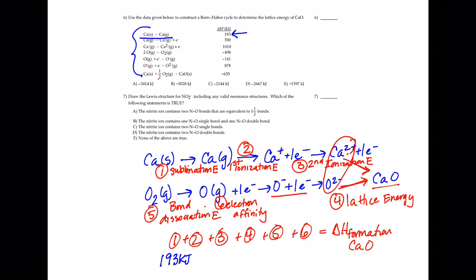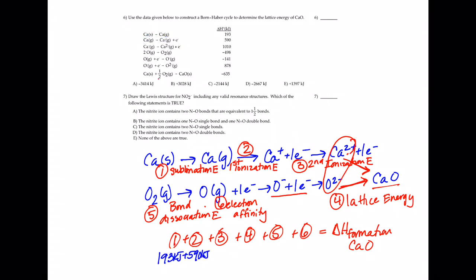All right, process number 2 is this one here, taking calcium and making it into calcium ions. When I'm looking up at my problem, that looks like this right here. So this energy is going to be the first ionization energy. So I'm going to add that in for number 2, in kilojoules.